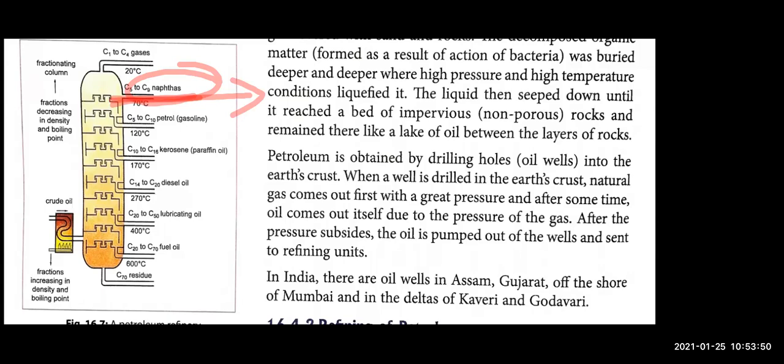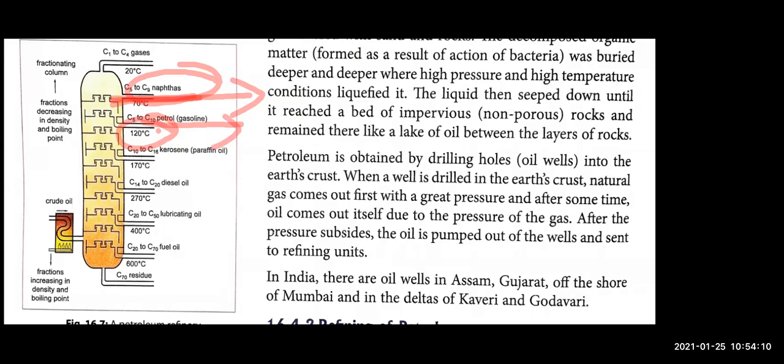Then heat more, and you reach the temperature of 120 degrees centigrade. At 120 degrees centigrade, petrol reaches its boiling point, rises high, and is collected from this slot, right?